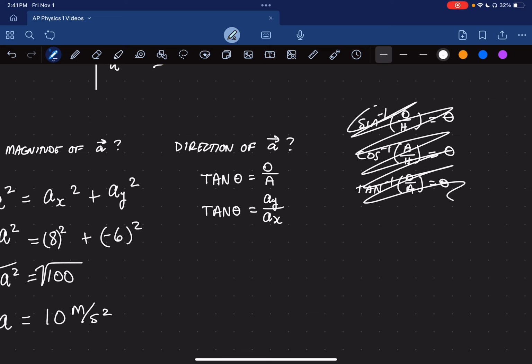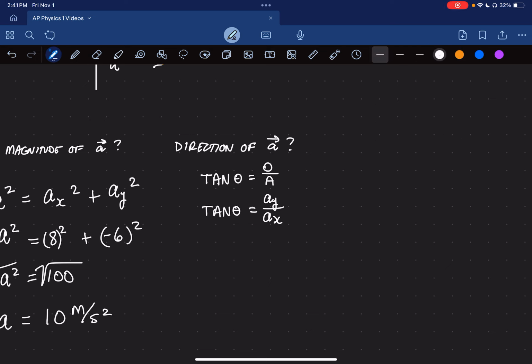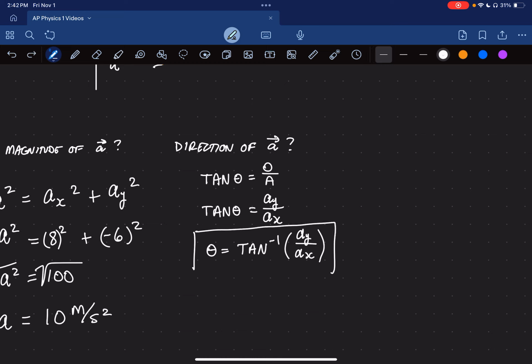So, well, that worked out really well. Let's do that. So anyway, theta is equal to the inverse tangent of ay over ax. And this is what you want to remember. Whoops, let's not box that in.